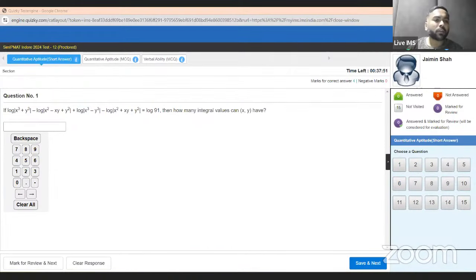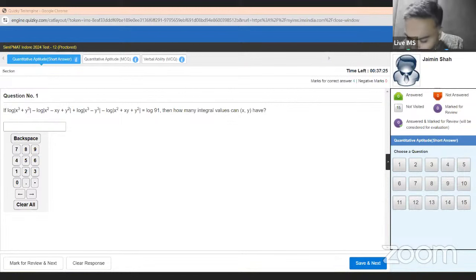X cube plus y cube upon, if I look at this term, x square minus xy plus y square, this is basically an identity that I am getting. This is nothing but x cube plus y cube divided by this term, and what will I get? I will get x plus y.